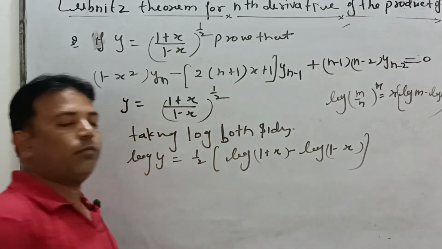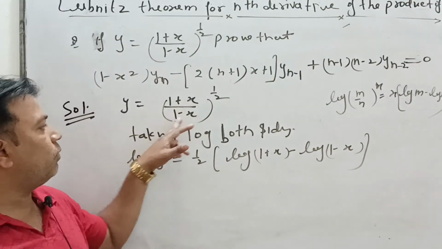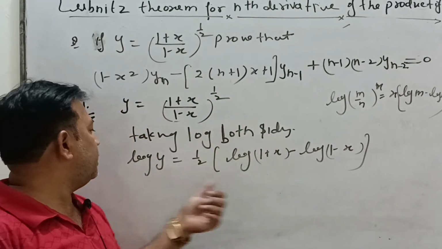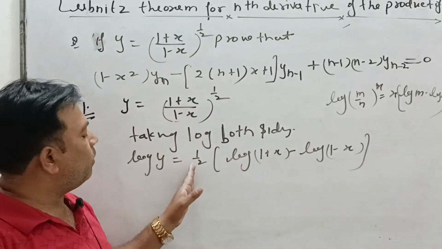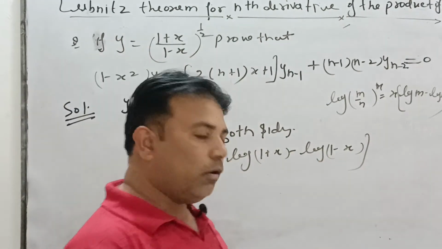This is the property of log. So taking log both sides, log y, 1 by 2 power in front, log 1 plus x minus log 1 minus x.